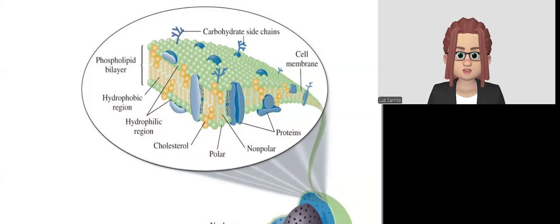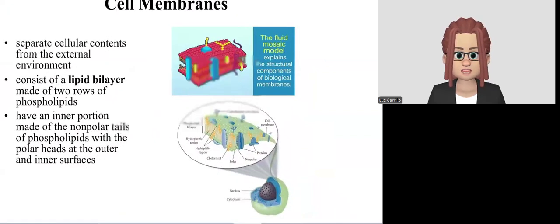Based on the polarity of the functions, remember that the polar heads, since they're polar, are known as hydrophilic regions because they can interact with water. The non-polar tails that we can see in the middle, because they're non-polar, are going to be afraid of water. So that's why that region is known as hydrophobic. In order to explain why the plasma membrane has all these structures in it, we always think about it in terms of what is called the fluid mosaic model of the cell.